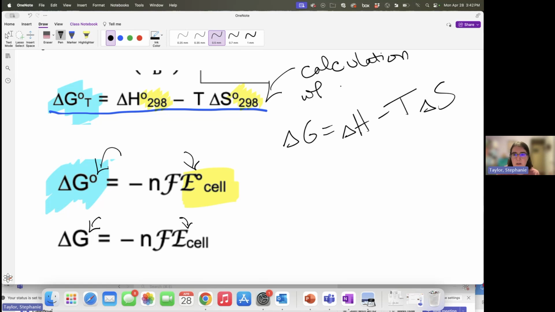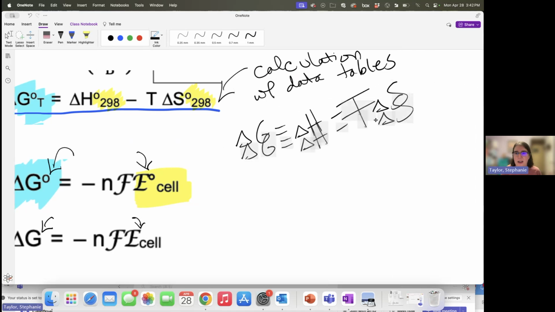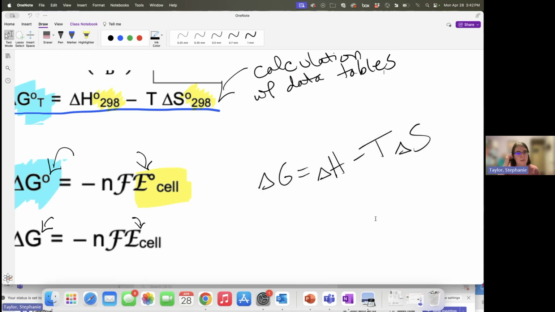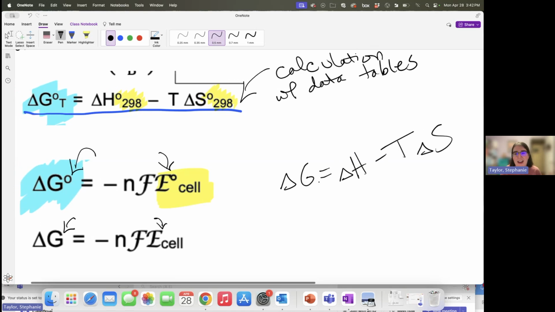So this is calculation with data tables, and it's the one that's listed on the potentially useful information page. I do understand the question, because the question is like, why isn't there any other version of it? And honestly, I think that's just to save us some space, I guess.